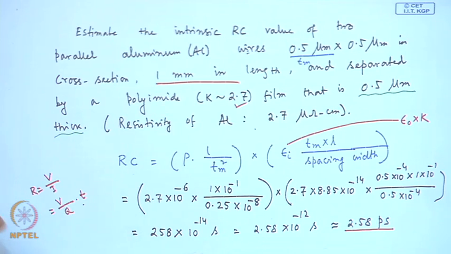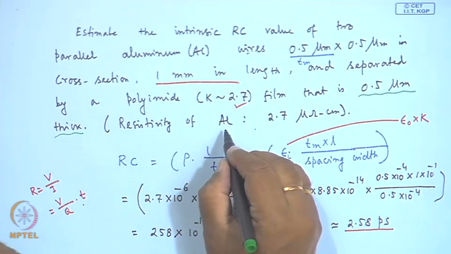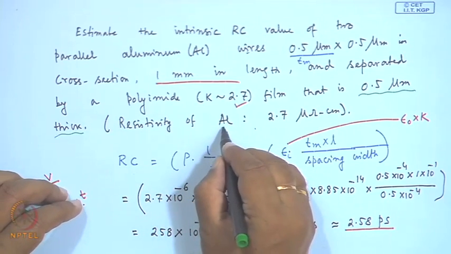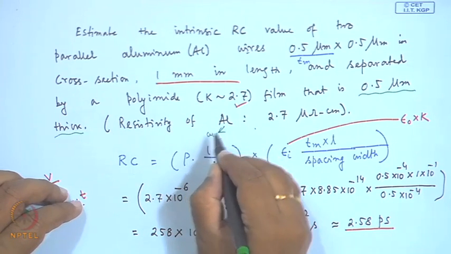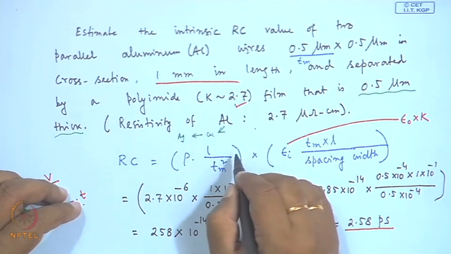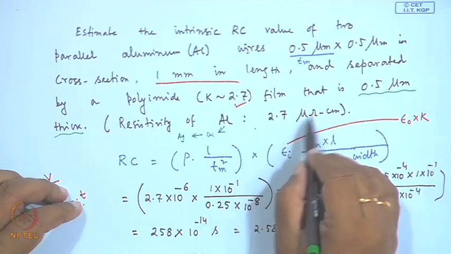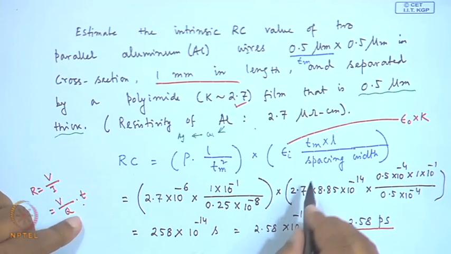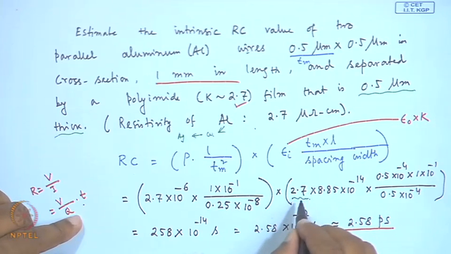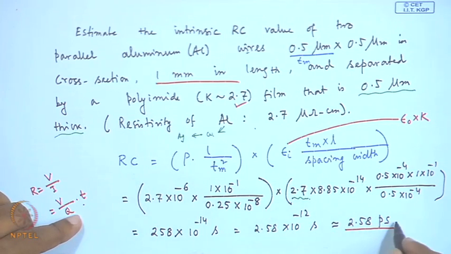So, now if you go towards the lower resistive material, say from aluminum to copper, or from copper to silver, or silver to gold, etc., you can find that this 2.7 will further go down, and this is in the numerator. So, as this value decreases, the RC time constant will further decrease.